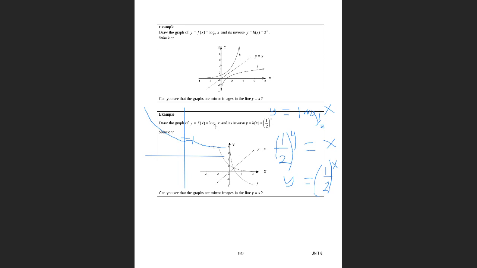Now the point will come here, 1, and your asymptote will now be x equals 0. With the inverse, remember the original was a decreasing function, so now as y is increasing, x must decrease.